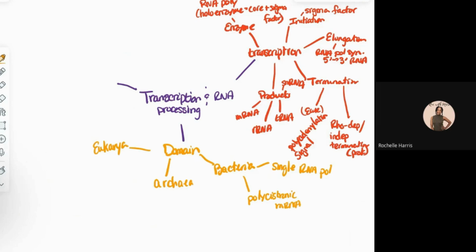With archaea, we have 3 branches coming from that. There is 1 RNA polymerase. We have the TATA box and archaeal introns.